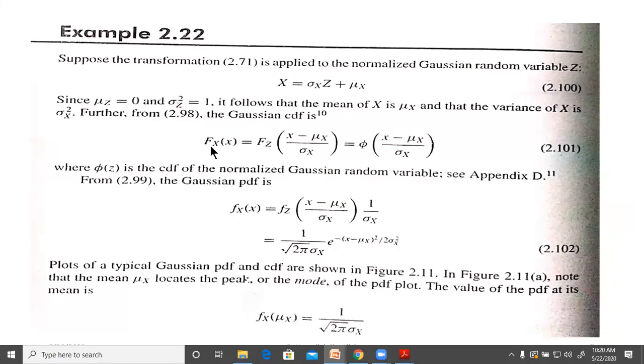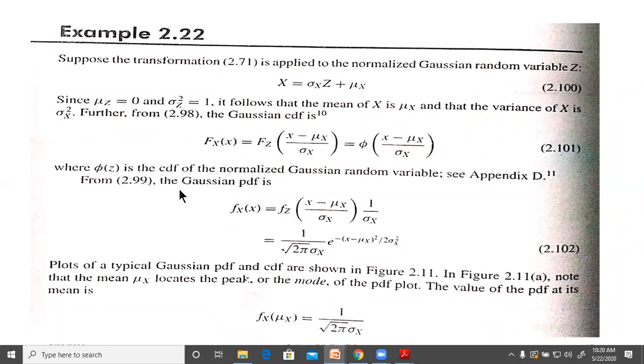So F x of x is equal to F z of (x minus mu x) by sigma x. In terms of phi, you can also write phi of (x minus mu x) by sigma x, where phi z is the CDF of the normalized Gaussian random variable.